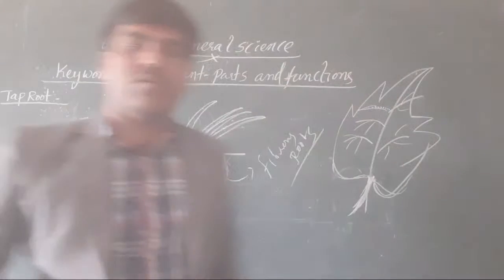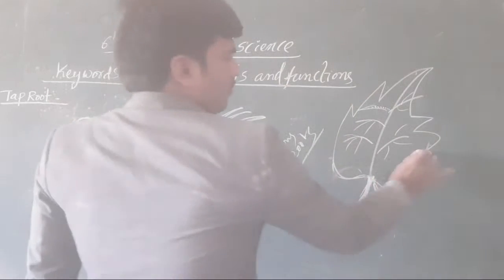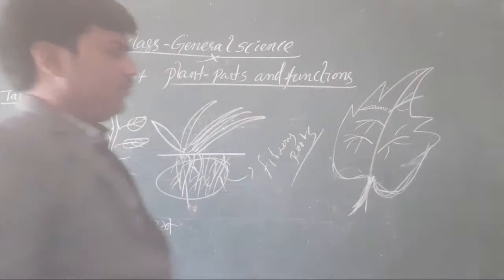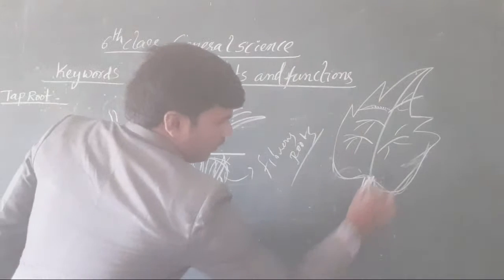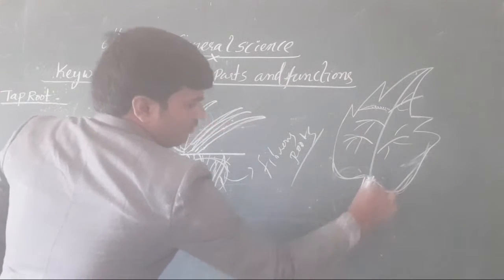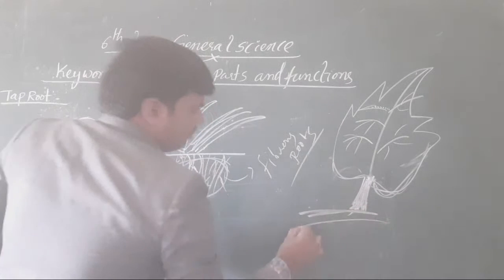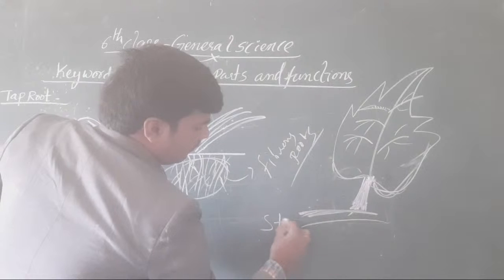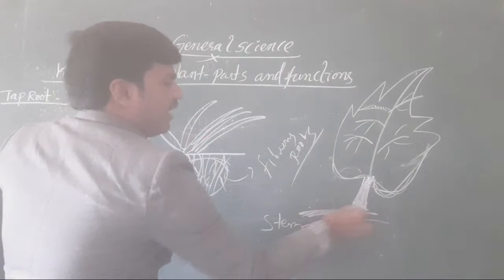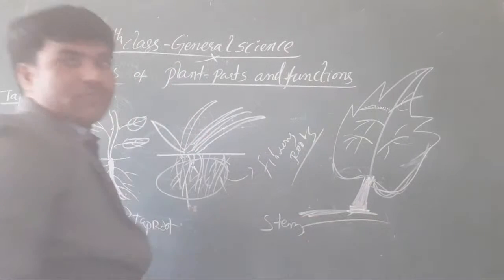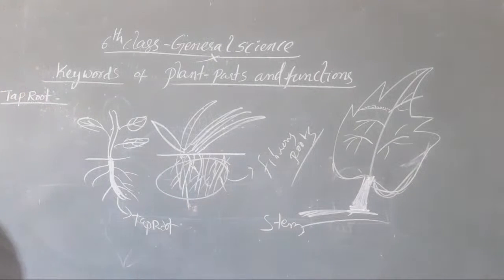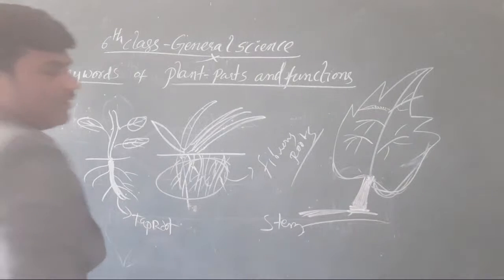This is what we call the leaf. Here it is taken as a leaf, and now there is one portion, from the stem here. You know very well it is a stem. The place where the stem is attached to our leaf is called the leaf base.